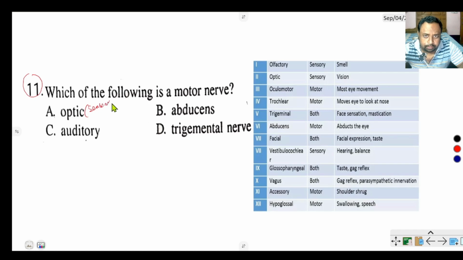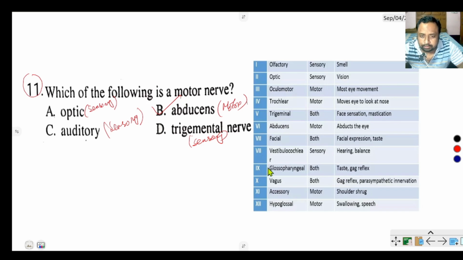Auditory is also a sensory nerve. Abducens is a motor nerve, and trigeminal is a mixed nerve. So here the correct option of this question is abducens.